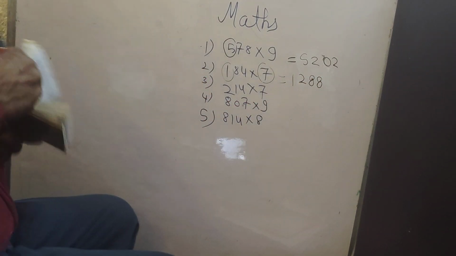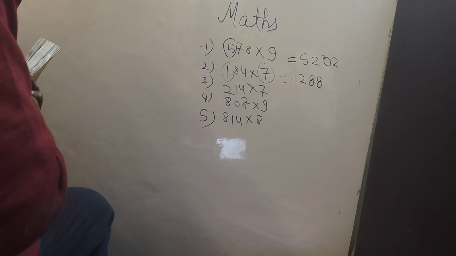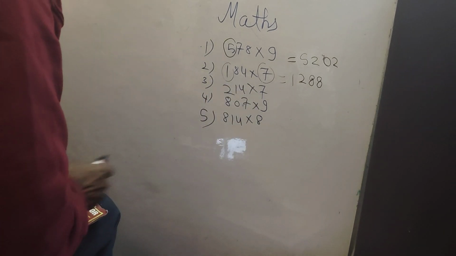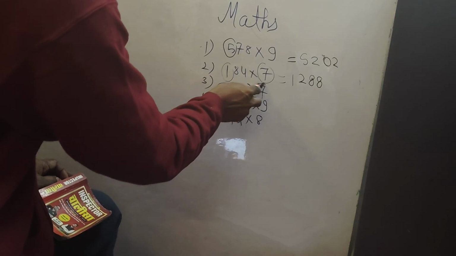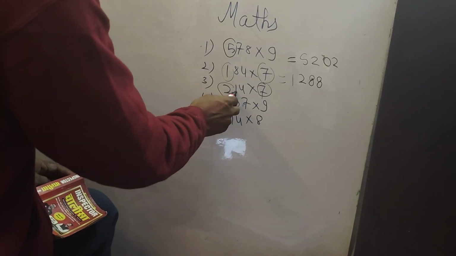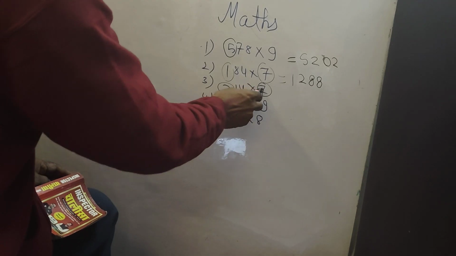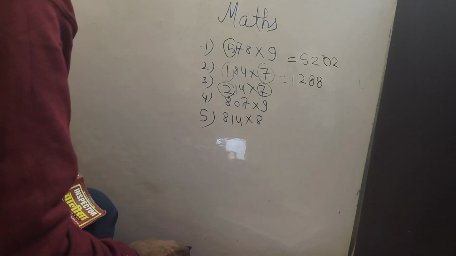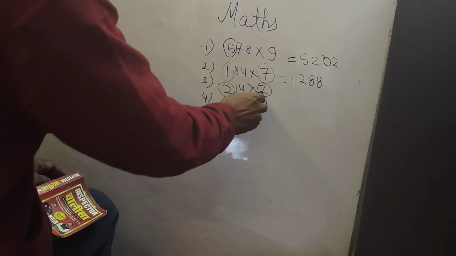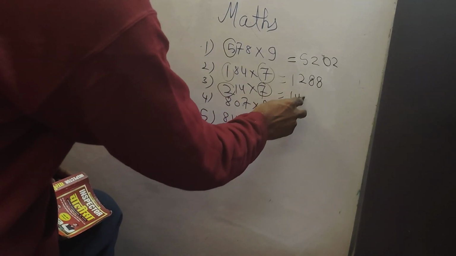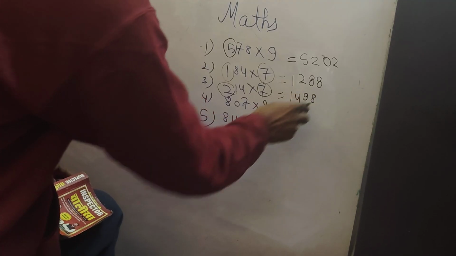So the answer is 1288. Next is 214 multiply 7. So 200 multiply 7 gives us 1400. Put in mind. Now 10, this is the place value 10, so 10 into 7 is 70. 1400 plus 70 is 1470. 1470 plus 4 times 7 is 28. 1470 plus 28 is 1498.